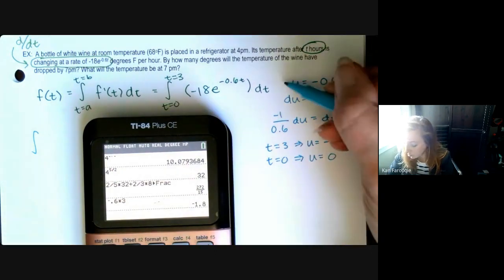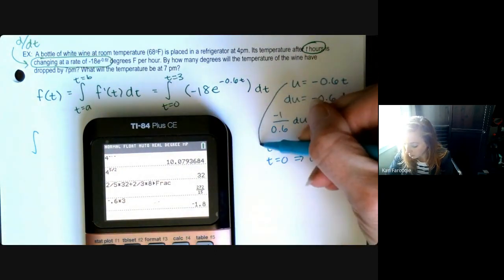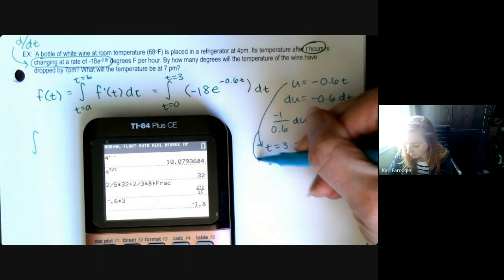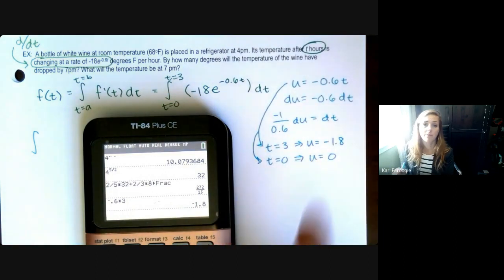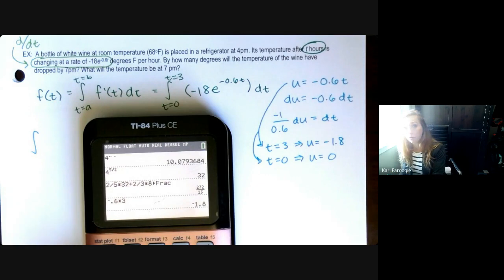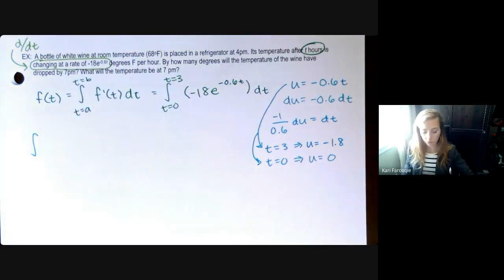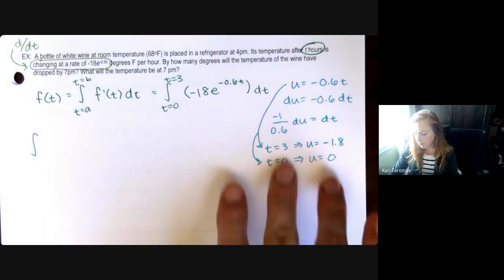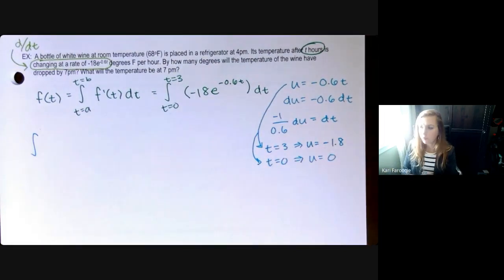So again, I'm just using this u to find my new limits of integration with respect to u, using these values for t that I have. All right, so now I have u limits of integration.